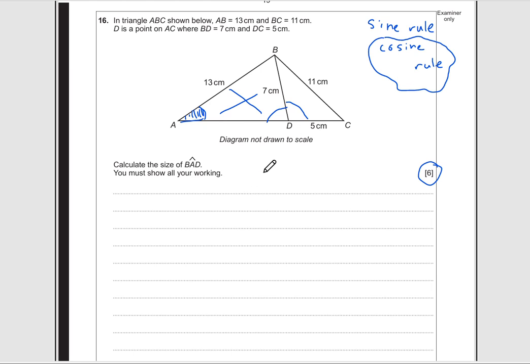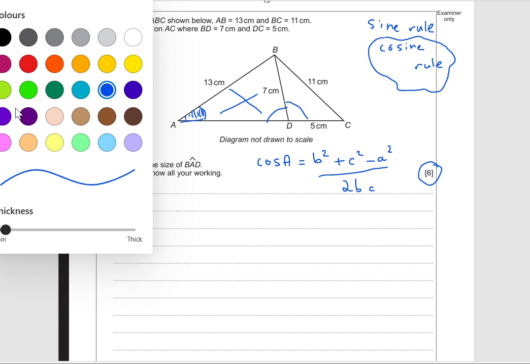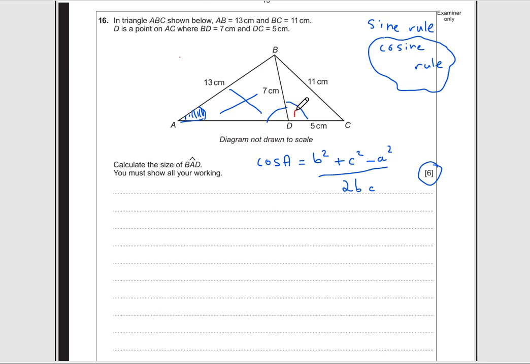I would recommend that you learn the rearranged formula for the cosine rule. So you've got cos A is equal to b squared plus c squared minus a squared over 2bc. I'm going to label these to fit with this rather than changing all the letters. So if we call this A, the side opposite, really important, is little a.